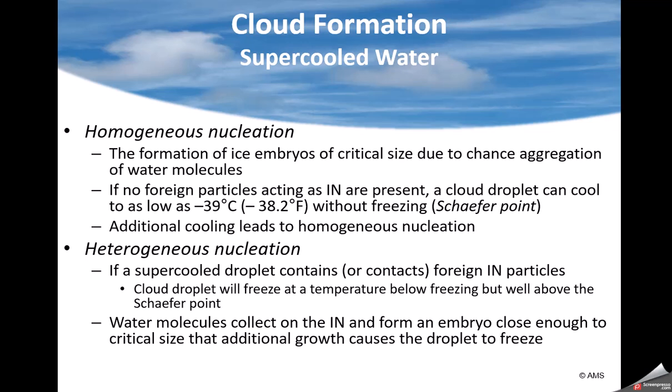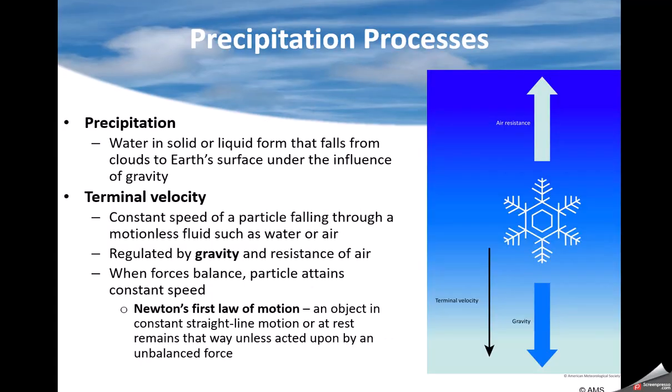So yes, if you get high enough clouds and a cold enough atmosphere, you can get this without any ice nuclei. Otherwise, you're going to need these condensation ice nuclei to make it happen. And once ice forms, then these ice crystals also act like ice nuclei and help other ice embryos to form. So it's a cascading effect. Once you get one, you develop others.